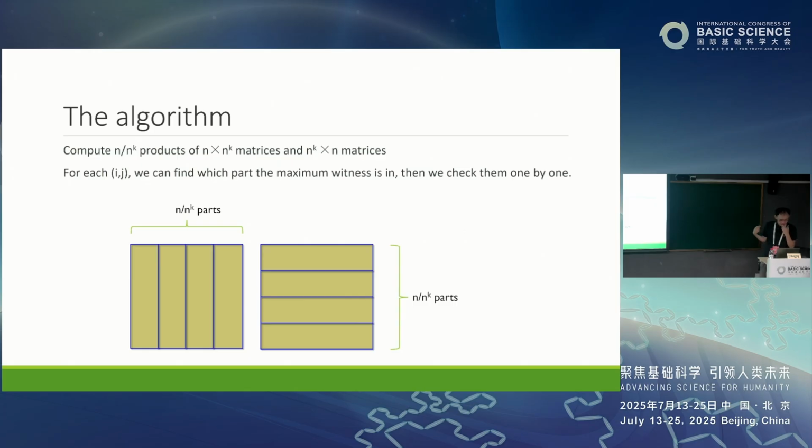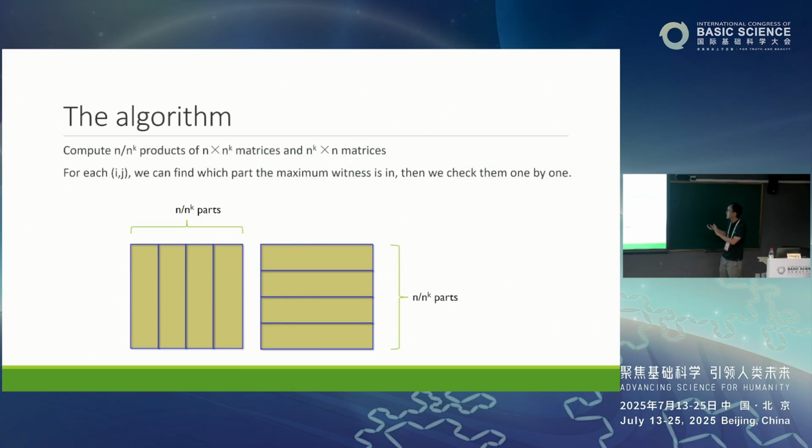Of course, this algorithm can be accelerated by rectangular matrix multiplication, because we can divide it into n over n to the k parts, so every matrix is n times n to the k. Then we compute n over n to the k rectangular matrix multiplications.